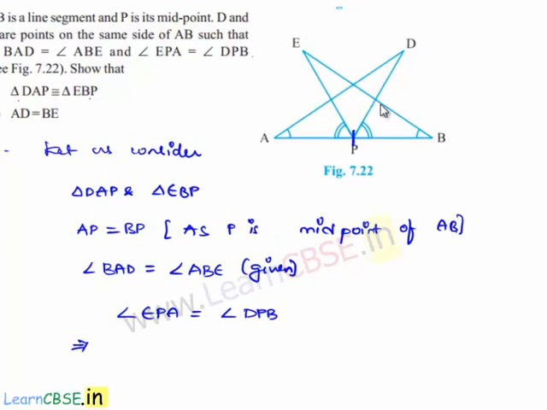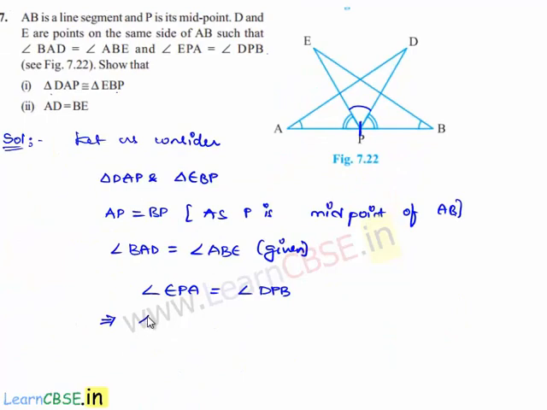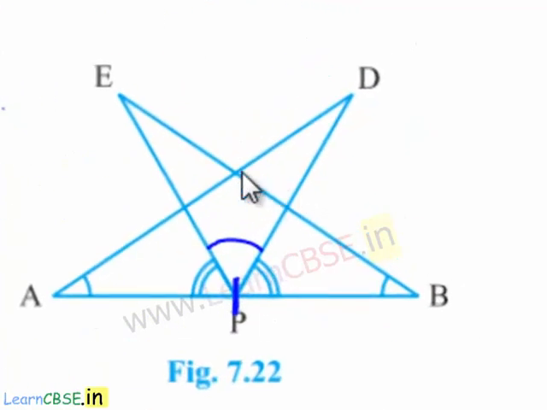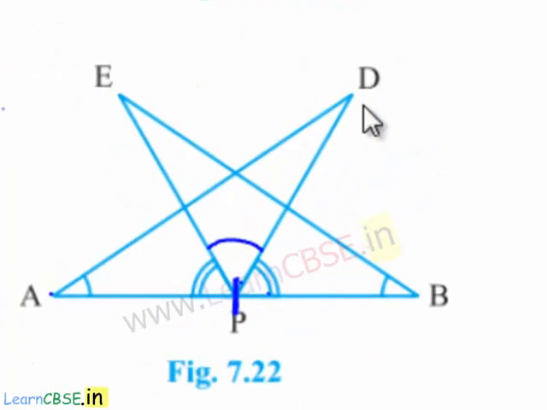Now what I do is I add angle DPE to both the angles, that is angle EPA plus angle DPE is equal to angle DPB plus angle DPE, which implies angle EPA plus angle DPE will be equal to whole angle APD, that is angle APD is equal to angle DPB plus angle DPE will be equal to angle BPE.